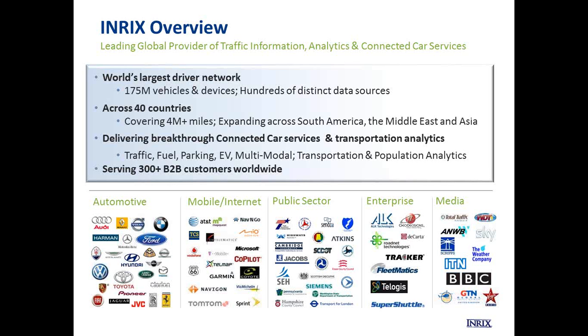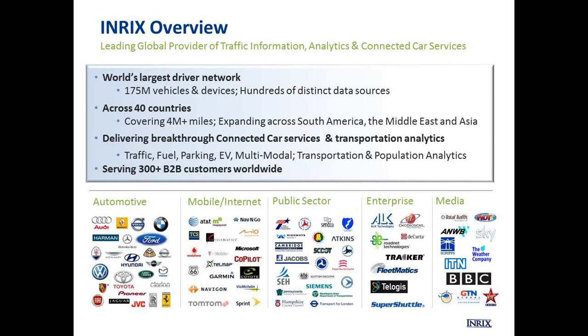We still do have this huge driver network that's contributing to Inrix, and I'll talk a little more about that in a couple of upcoming slides. Service now covers 40 countries and grows a couple of times a year, so you always have to stay tuned for the latest development. And the slide shows just a subsection of the 300 plus customers that are accessing Inrix data services today.